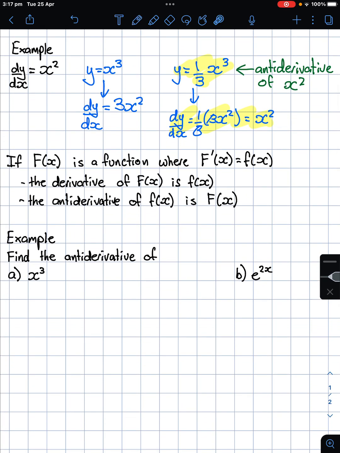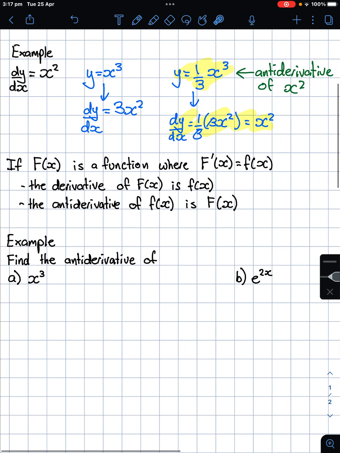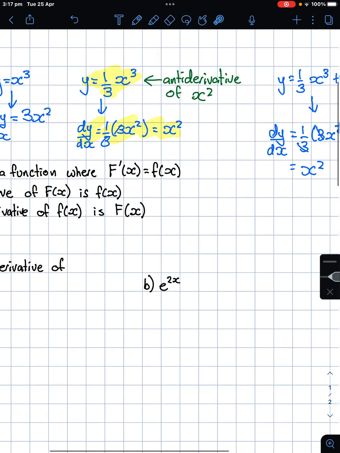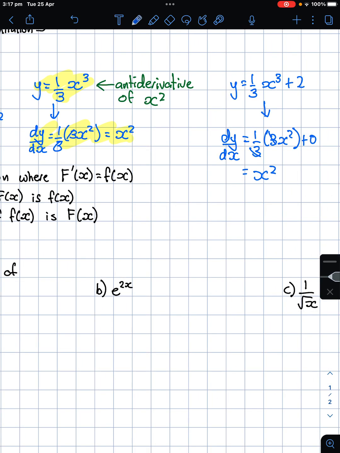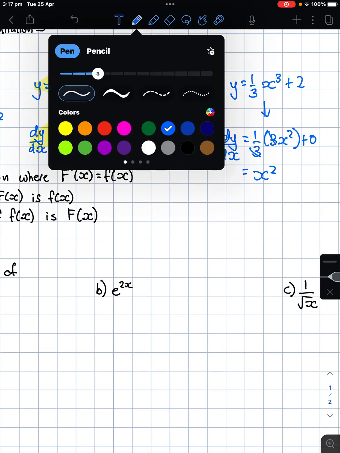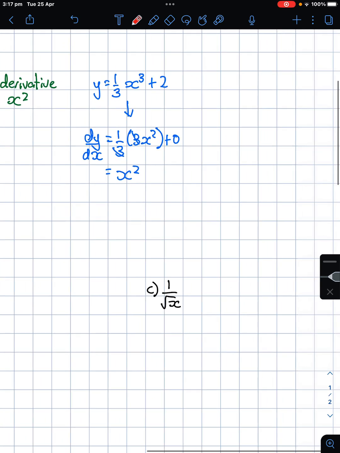So if F(x) is a function where the derivative of F(x) is f(x), then the antiderivative of f(x) is F(x). We're using a different notation because we've previously used that function notation. So here we're saying the derivative equals f(x). Let's use red, this end one here.